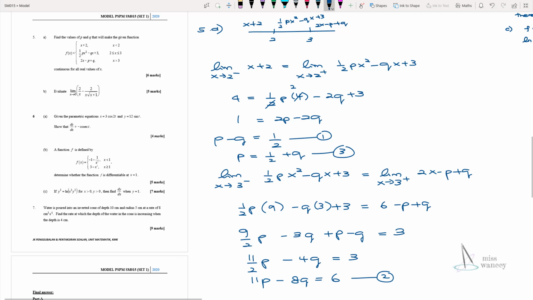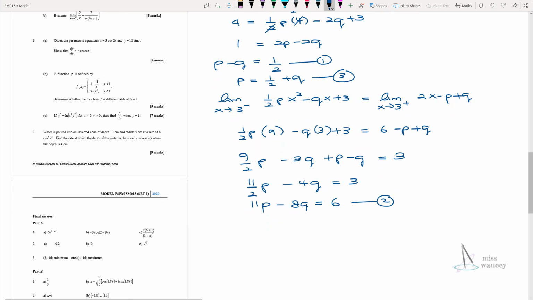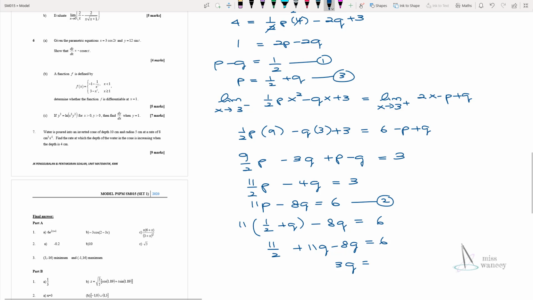So I'm going to replace p with that value. So I have 11 times half plus q, minus 8q equal to 6. So 11 over 2 plus 11q minus 8q equal to 6. So 11 minus 8 is 3q equal to 6 minus 11 over 2. So 12 minus 11, 1 over 2.